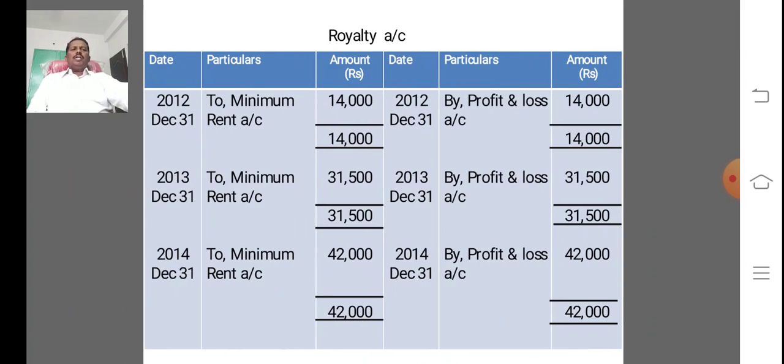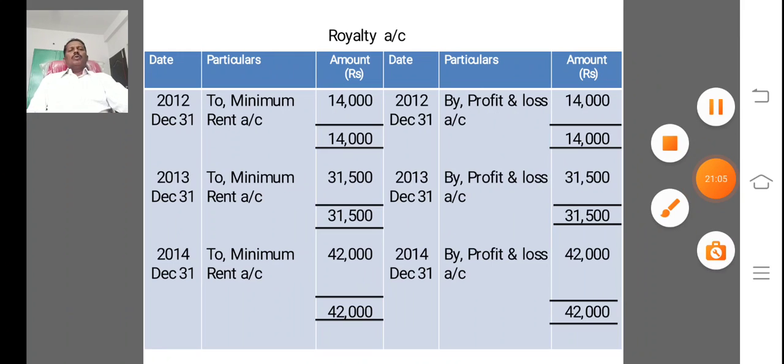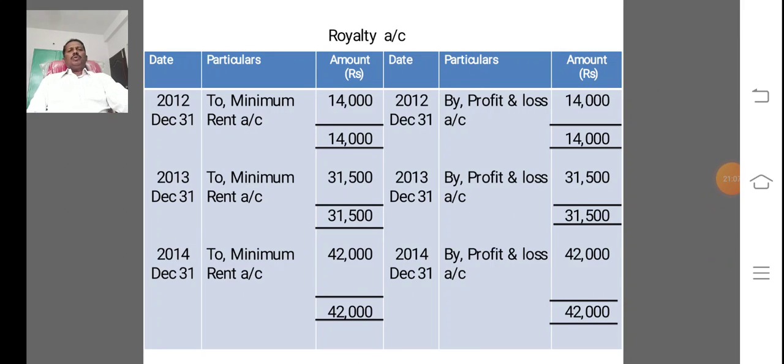Next account is royalty. In the year 2012, debit the minimum rent account 14,000 and credit profit and loss account 14,000. In the year 2013, debit minimum rent account, credit profit and loss account 31,500. 2014, debit minimum rent account 42,000 and credit profit and loss account 42,000.